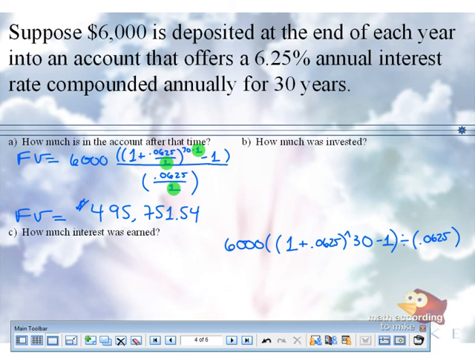So part B, how much was invested? Well, we put $6,000 away per year for 30 years. As stated, this is still $180,000. So we put away the same amount of money.